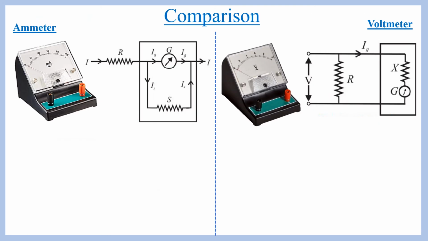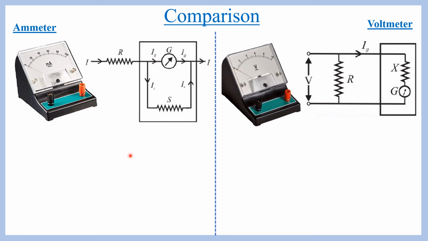We have already explained the ammeter, and we have completed the explanation of the voltmeter. Now we will try to compare what an ammeter is and what a voltmeter is. What are the differences? We will just see the comparison quantities.